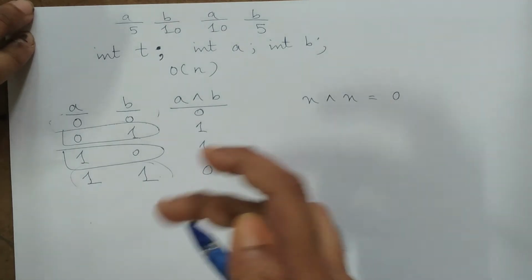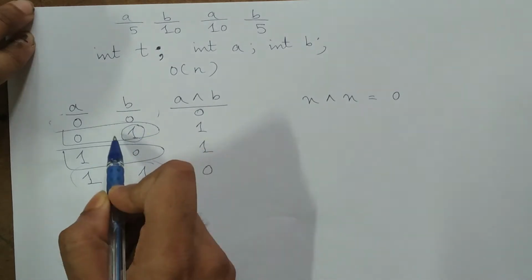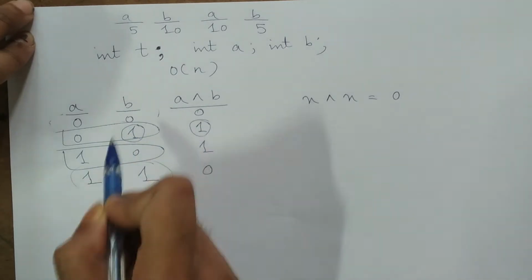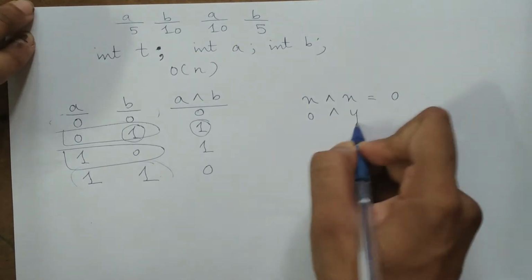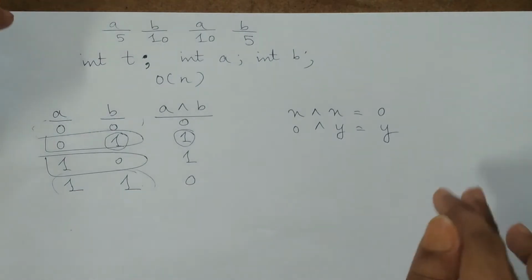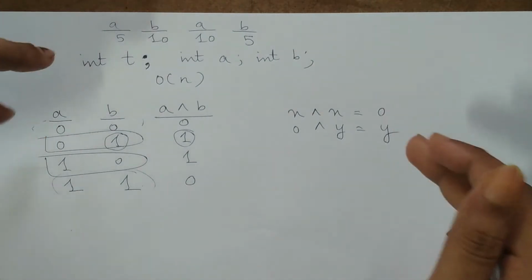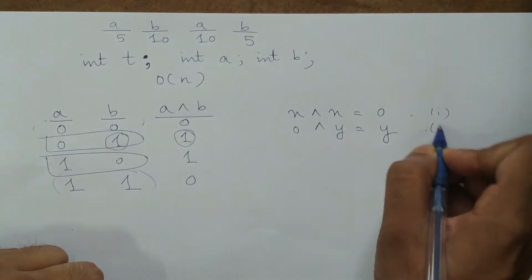Another thing we can conclude is that whenever we XOR a number with 0, the output is the number itself. So 0 XOR Y equals Y. Now the answer to why we are using the XOR operator becomes clear, because we can relate these two equations because of the presence of 0.